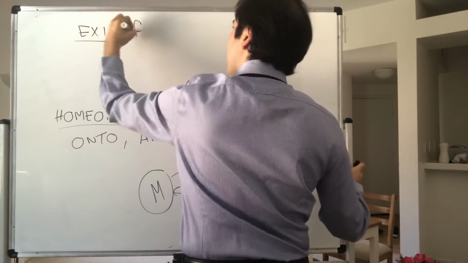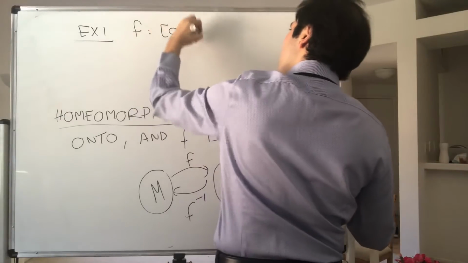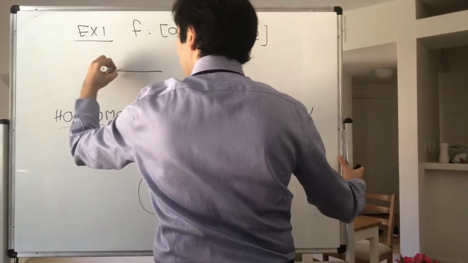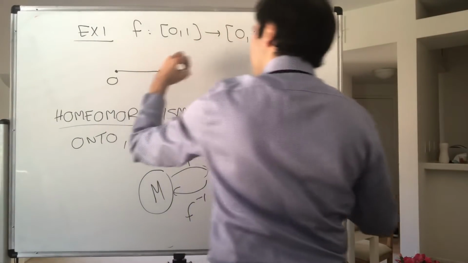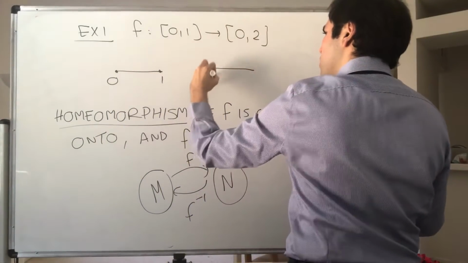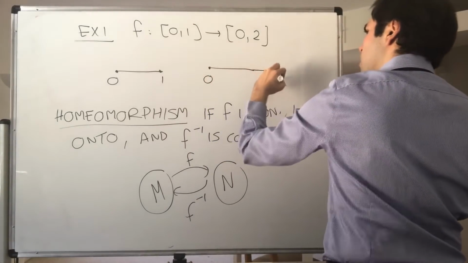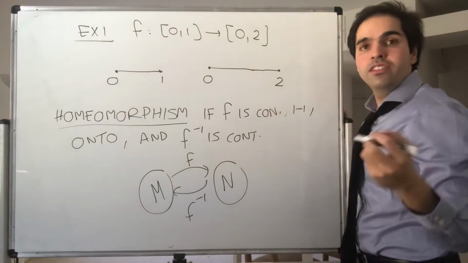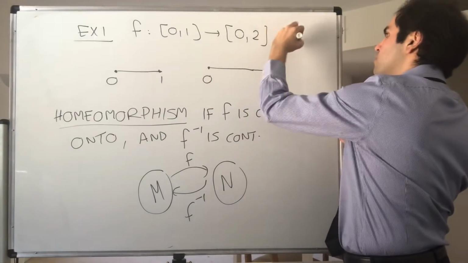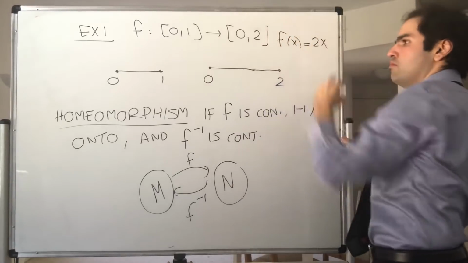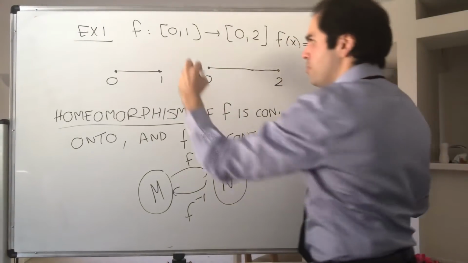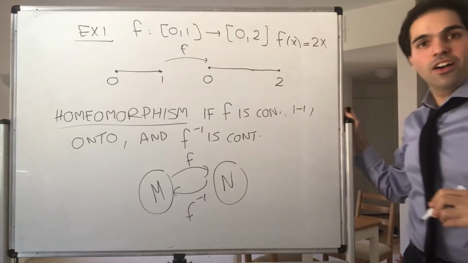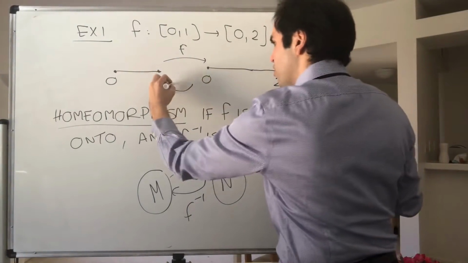Like for instance, f from the interval [0, 1] to [0, 2]. Again, this is [0, 1] and then [0, 2]. How can you go from one interval to the other? Well, for instance, you can double things. So f of x equals 2x. That's a homeomorphism because the doubling map is continuous, but then what is f inverse?